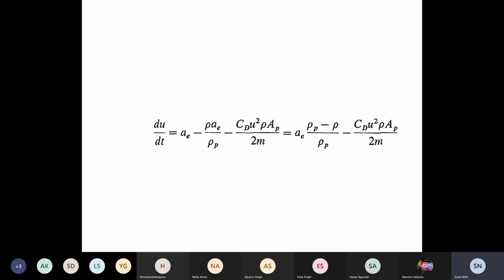Right, so in the first sub expression, you will have G instead of A subscript E on the right hand side of this equation.